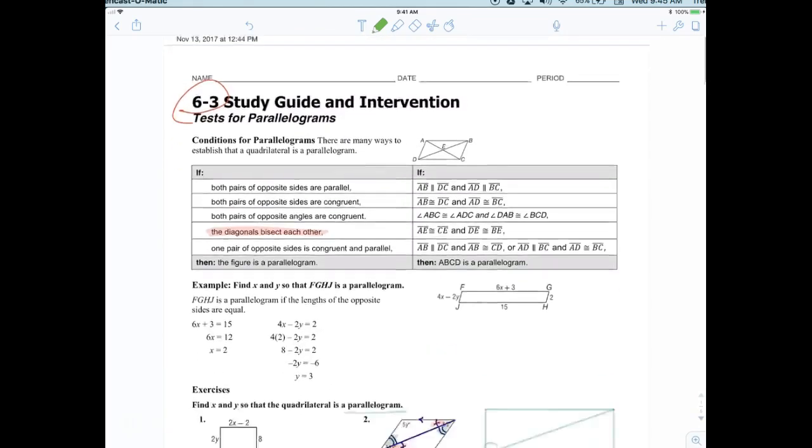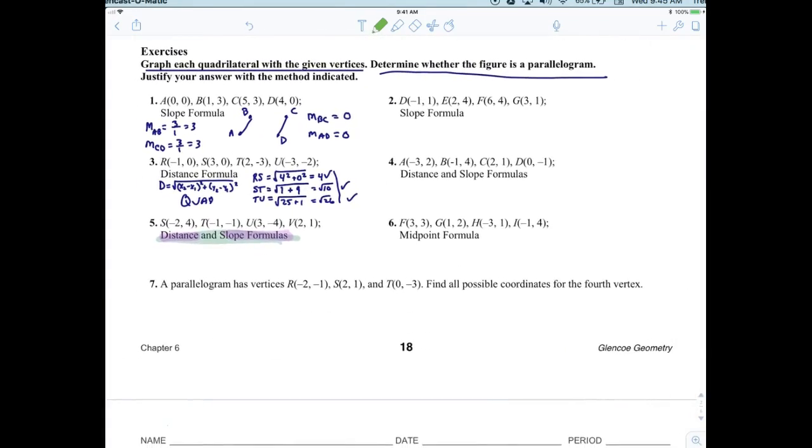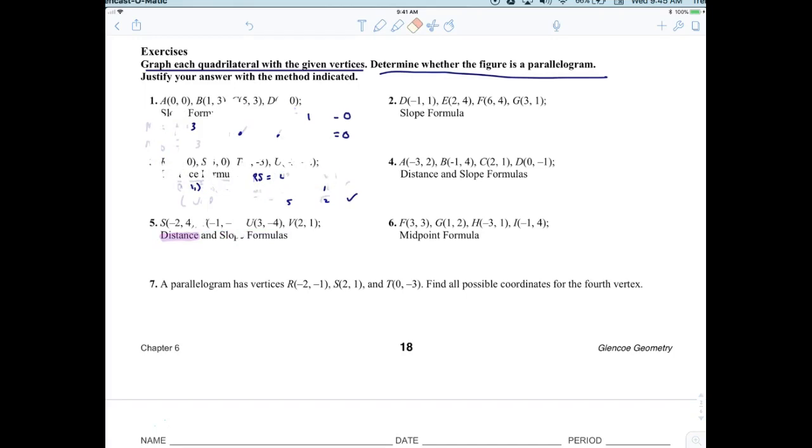Here, I know what I was going to say. Listen, if you want to know the rules, they're trying to give them to you right here. They're saying if the slopes are equal, then it's a parallelogram. If the distances are equal, it's a parallelogram.